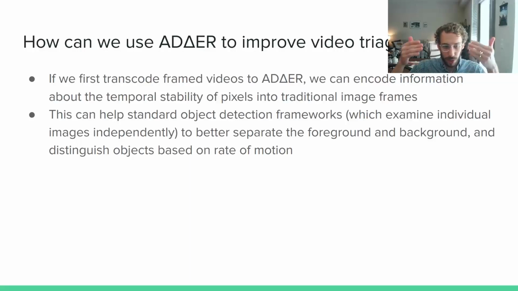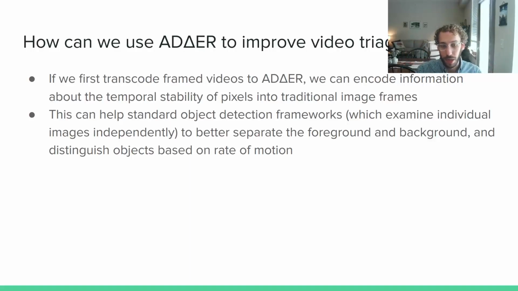They look for the objects in that image, and each image is processed independently. But we can improve that by helping it better separate the foreground and the background and distinguish objects based on the rate of motion. If we're encoding this decimation factor d and the delta t values, then the object detection framework can learn, by only looking at one frame, that areas with a high d and delta t are not moving as much as areas with a low d and delta t.